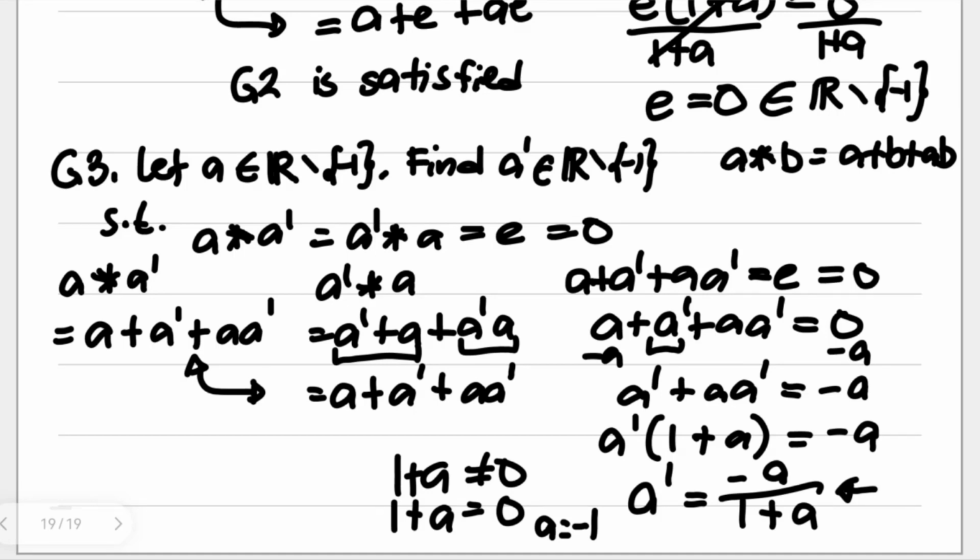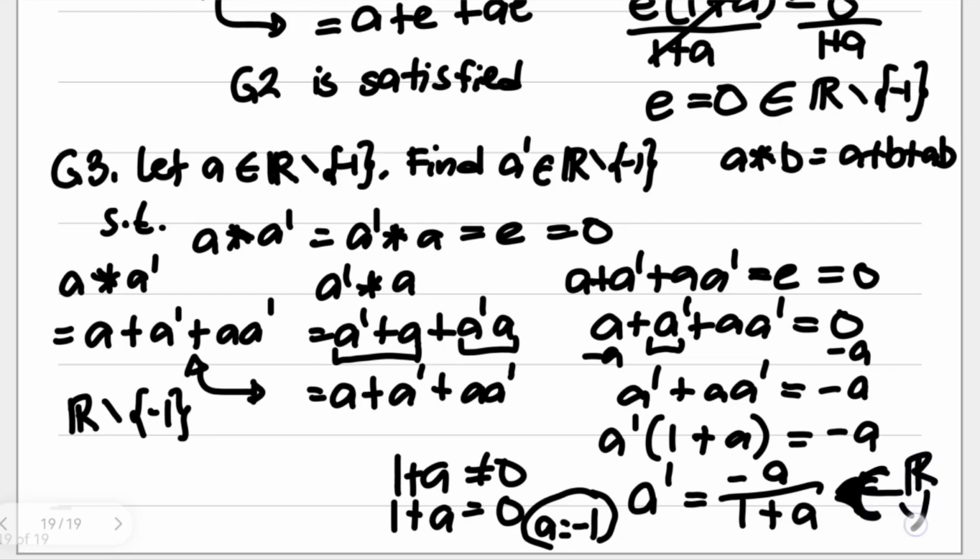However, take note, our set is already defined as the set of real numbers except negative 1. What does this tell us? We are already excluding negative 1 from the set. This would mean this will never be undefined. This means this representation for our inverse is true, and in this case, this is still an element of our set of real numbers except the set containing negative 1. Hence, G3 is satisfied.